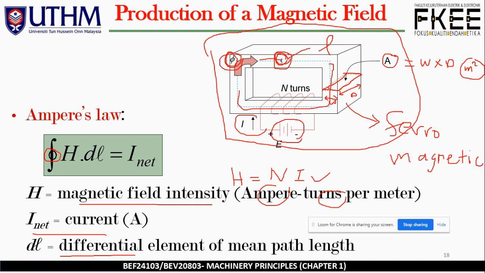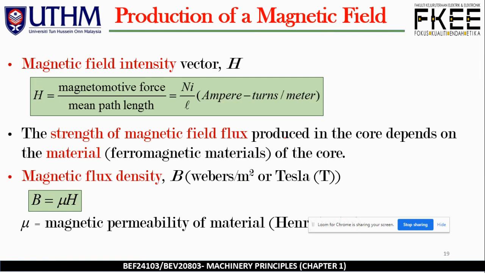So the resulting part of integration is that the mean path length of the core is L, still producing a magnetic field. So this is the definition of magnetic field intensity H, which I have discussed earlier.